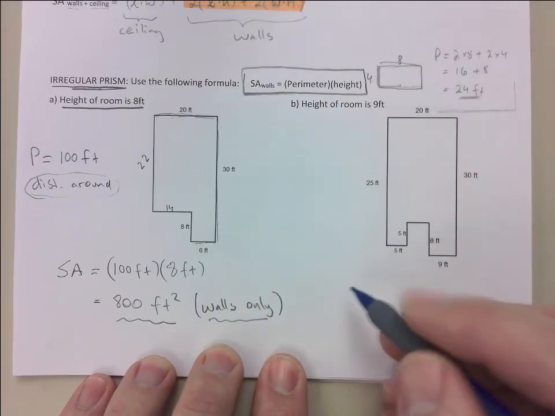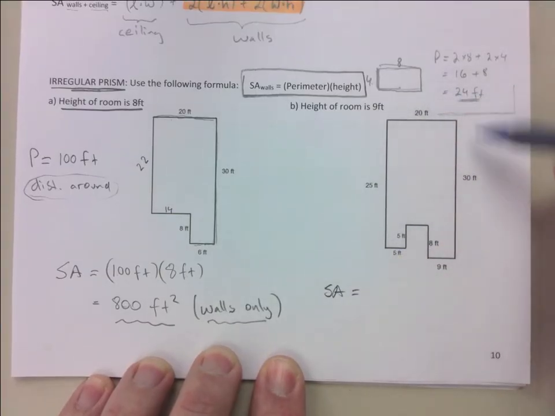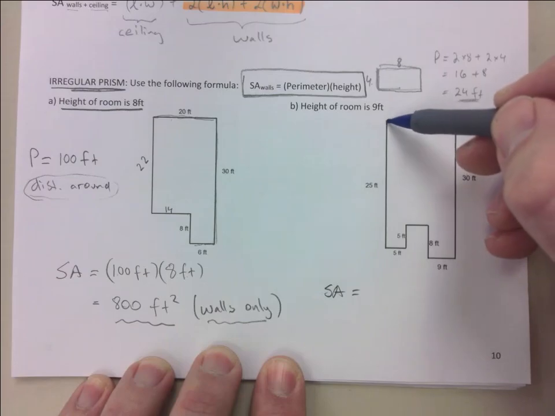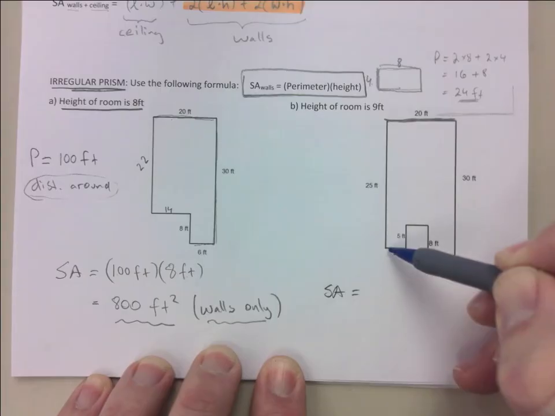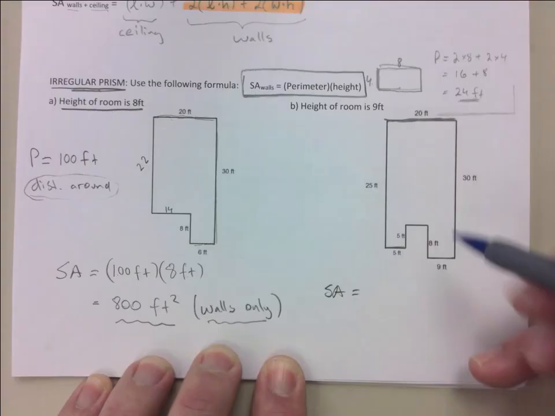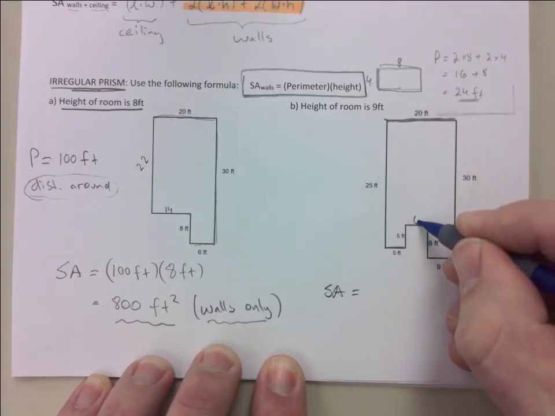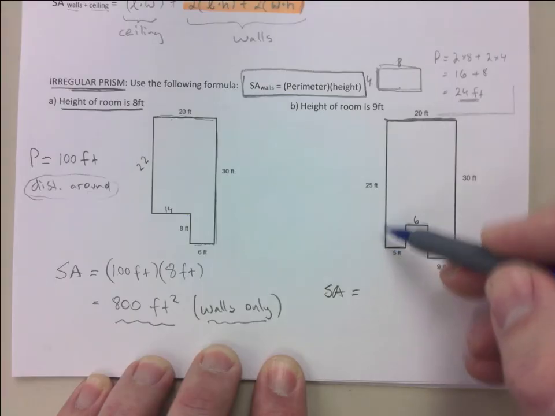Over on this side, if you wanted to figure out the surface area here, you just add up all of this. If this is 20, look up here real quick, if this is 20, I subtract this, that's 15. I subtract this from 20, I'm left with 6. So this little chunk is 6 here. Now you can add everything up.